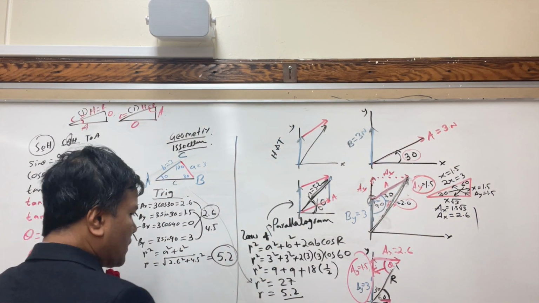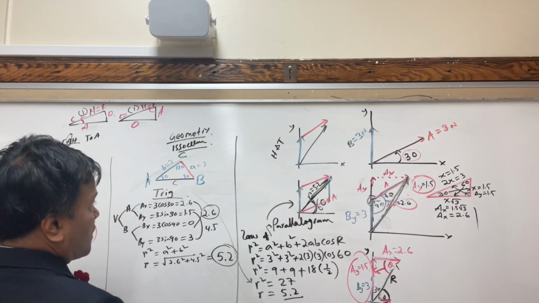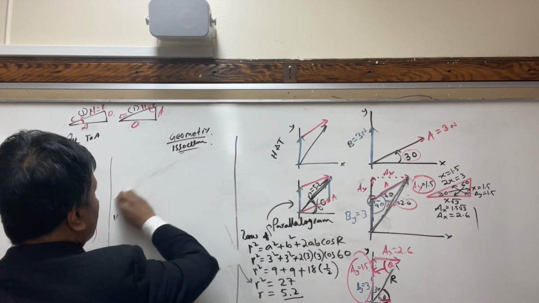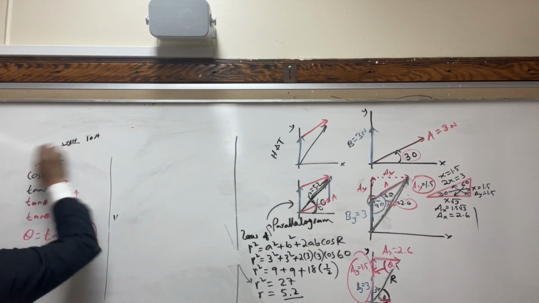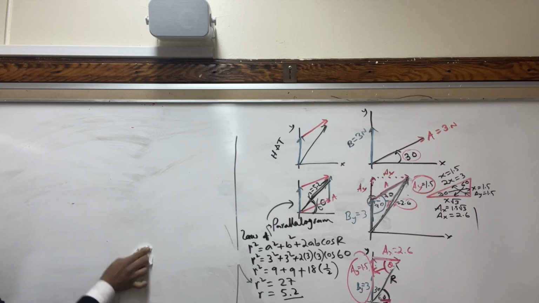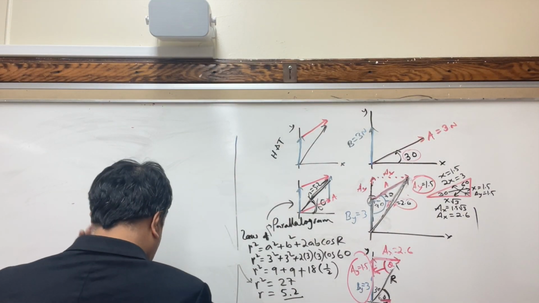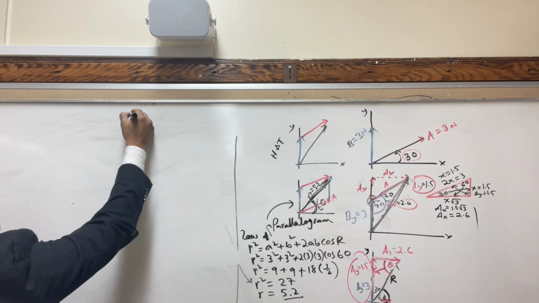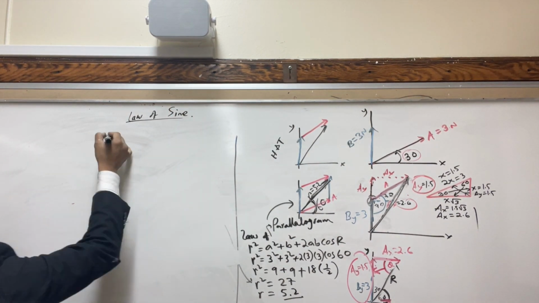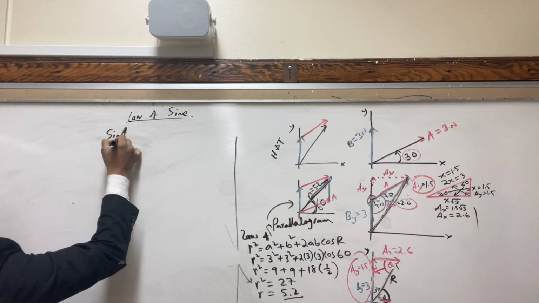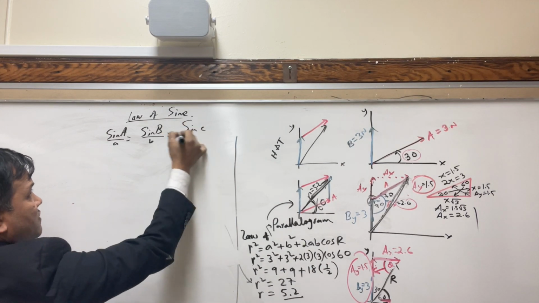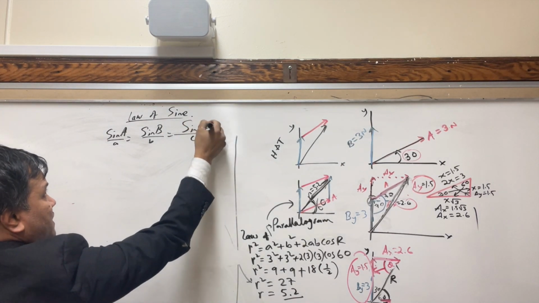Now I'm going to show you law of sine, and then law of cosine, and then distance formula. So law of sine is sine A over A is equal to sine B over B is equal to sine C over C. This has to be big.